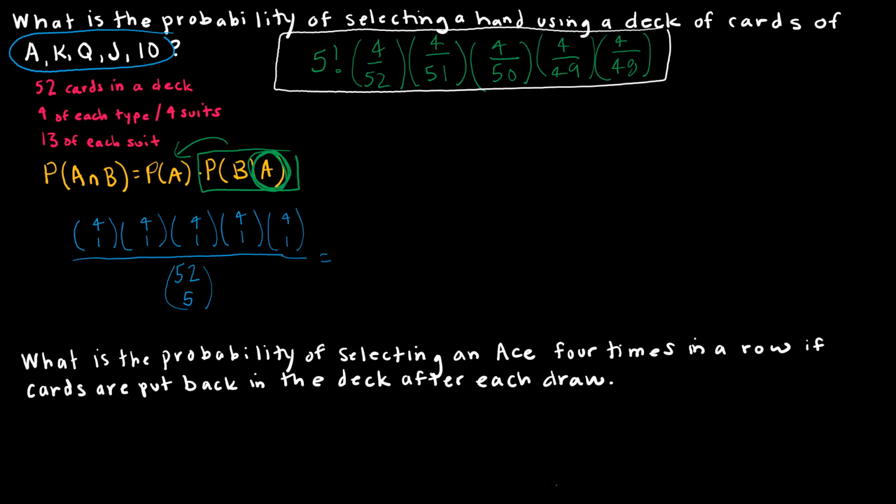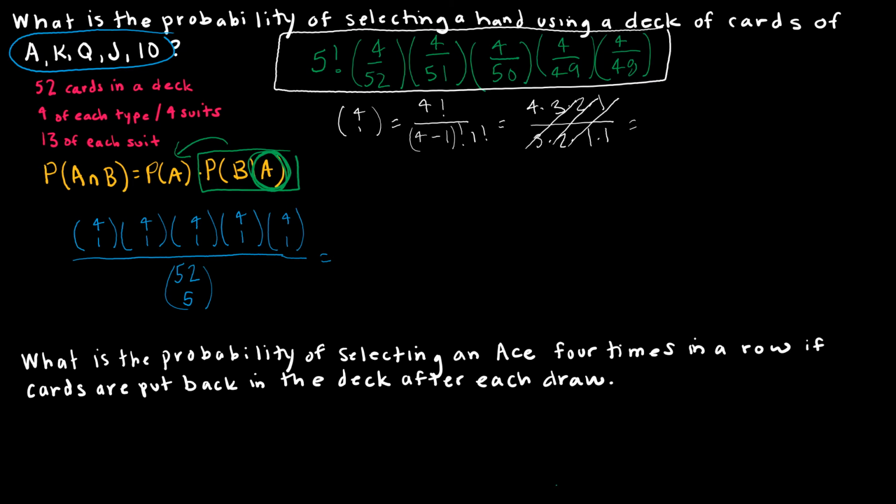4 choose 1, if you'll recall, is 4 factorial over 4 minus 1 factorial, 1 factorial. Let me try that again, 1 factorial, which means 4 times 3 times 2 times 1, and then 4 minus 1 is 3 factorial, so that's 3 times 2 times 1, and then obviously 1 factorial is 1.